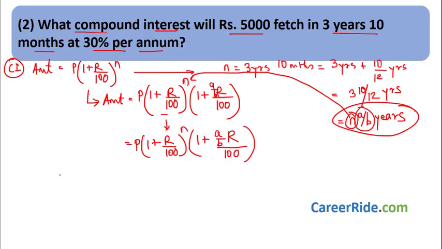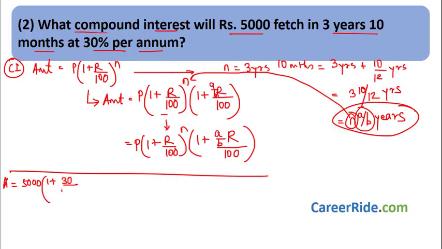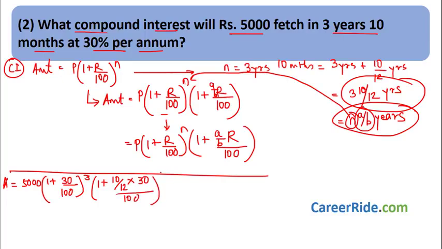So let's solve it. What do we get over here? The amount would be equal to principal 5,000, (1 + 30/100) raised to 3 into (1 + 10/12 multiplied by 30/100). Here the bracket is not raised to anything.